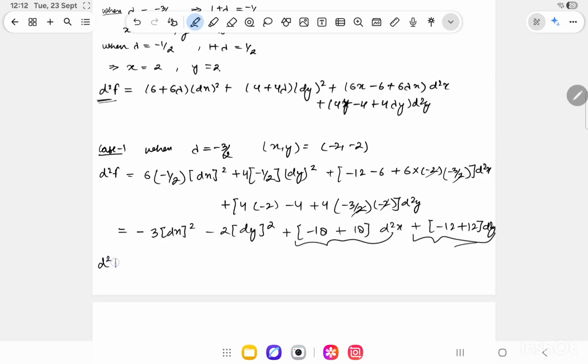So in case 1, d square capital F is minus 3 into dx square minus 2 into dy square, and this is less than 0. So at this point, minus 2 comma minus 2, the function small f of x comma y attains maximum value.